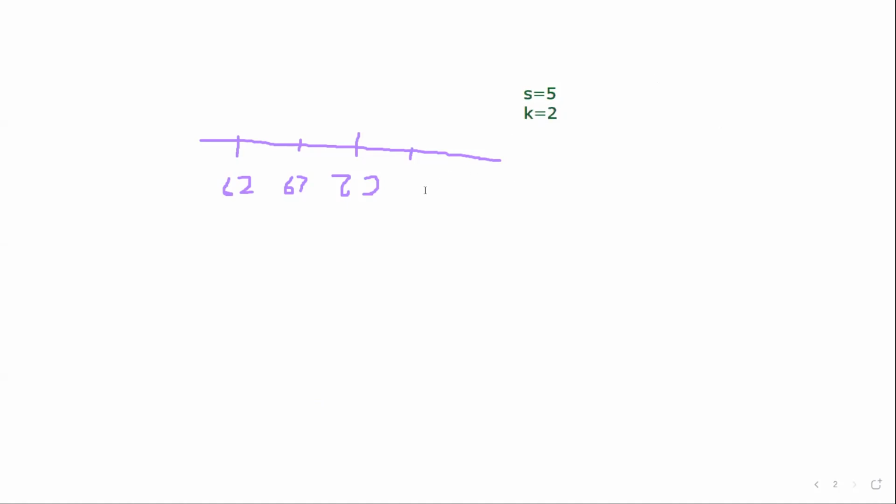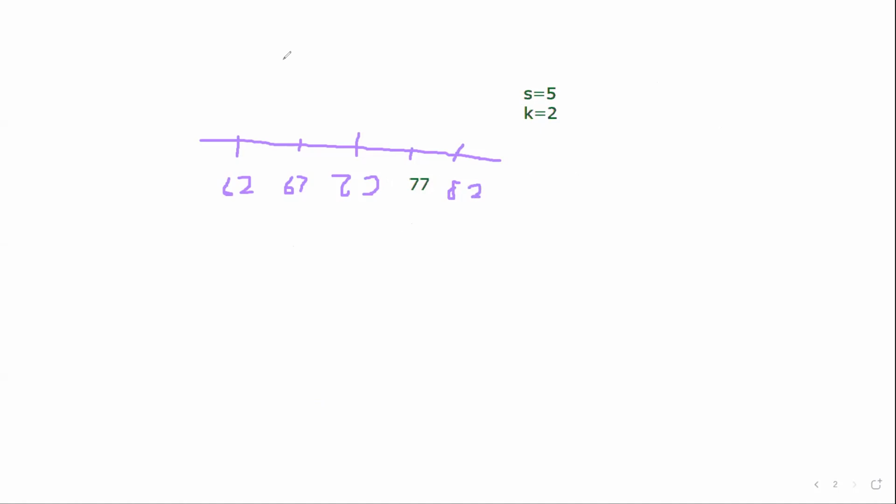So this is 72. I'm going to go up 5. That's going to give me 77, right? And if I go up 5 more units, that's going to be 82, isn't it? So now, what is the percentage of values by Chebyshev's theorem?